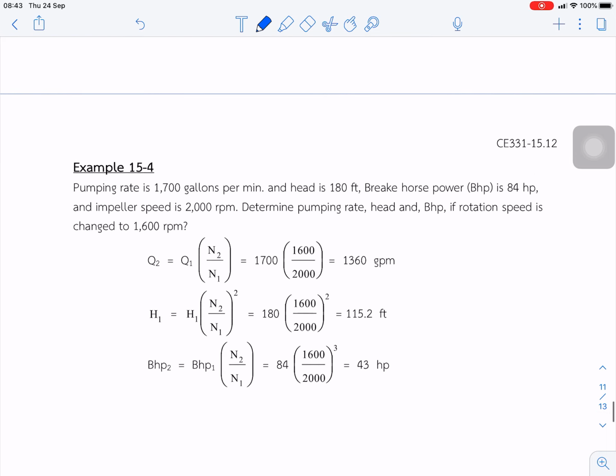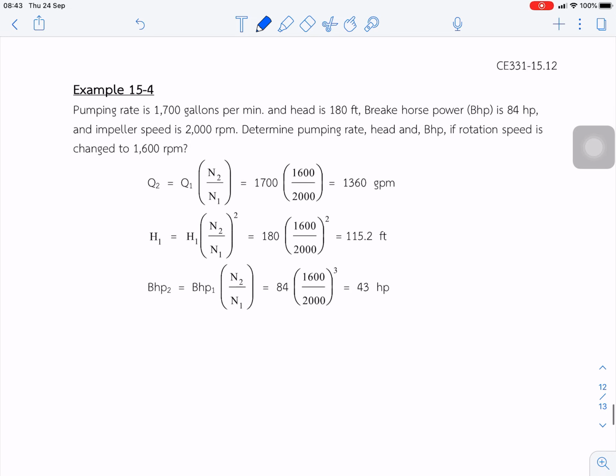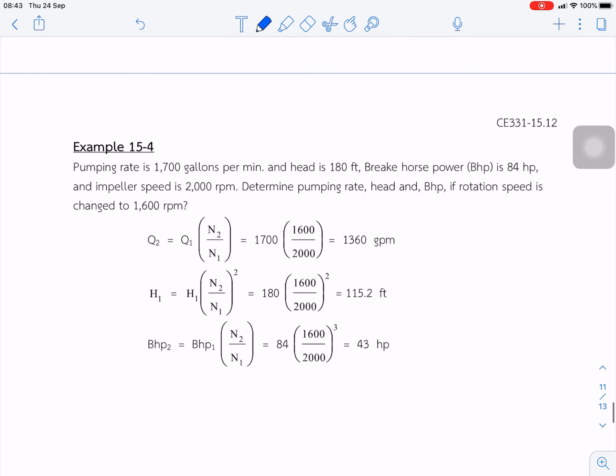The next slide shows an example pump rating. Assume the angular velocity is 2000 RPM. Determine the pump rating if the rotation speed is changed to 1600.